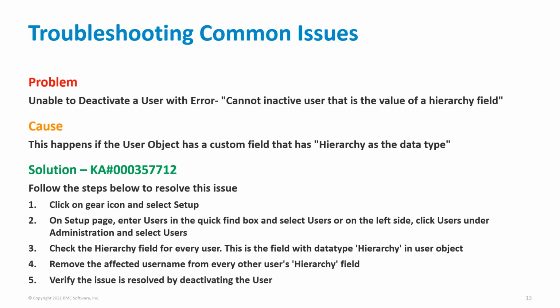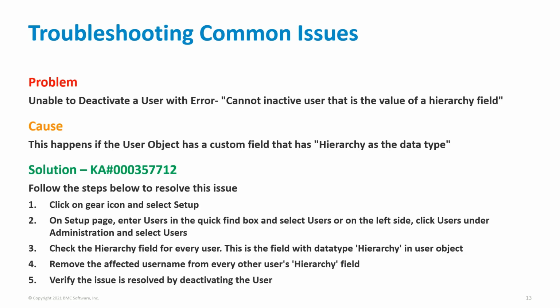Moving on to another common issue, the problem statement: unable to deactivate a user with the error, cannot inactivate user, that is the value of a hierarchy field. There is a cause. This happens if the user has a custom field that has hierarchy as the data type.